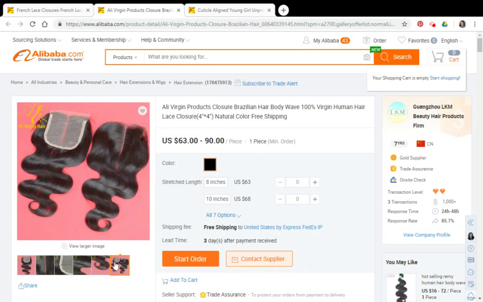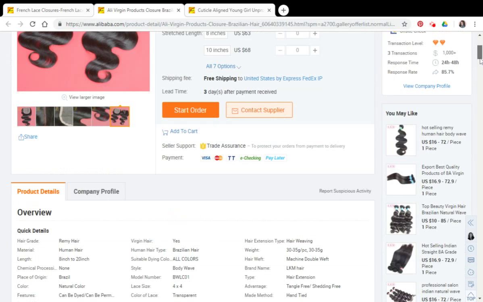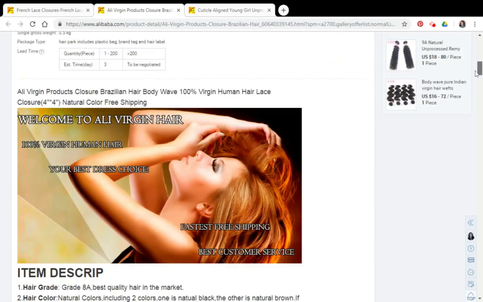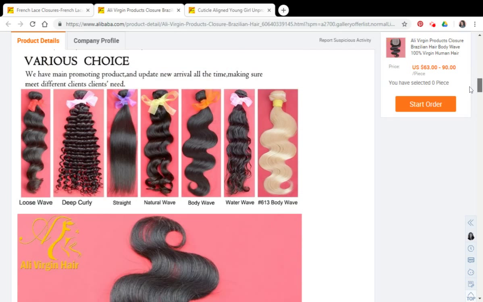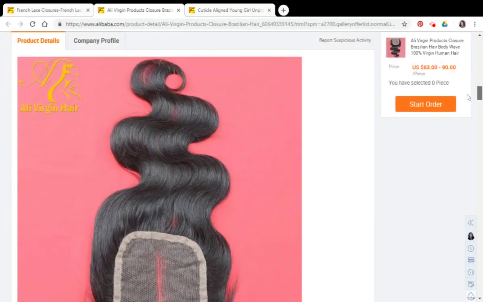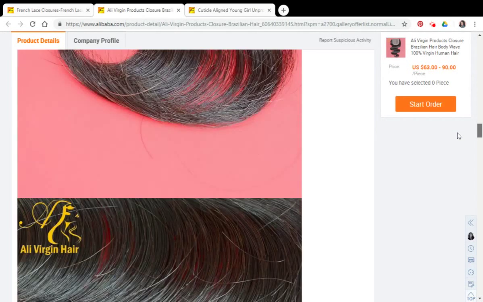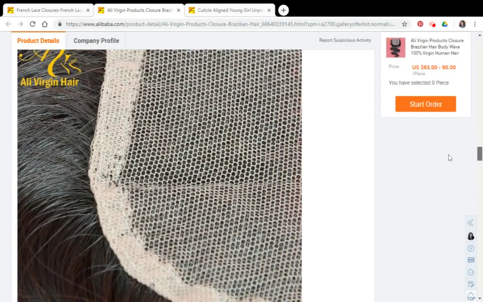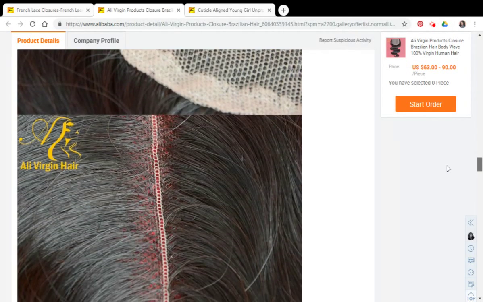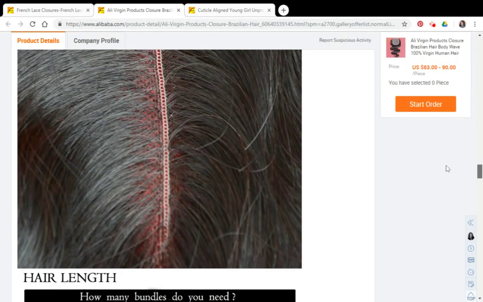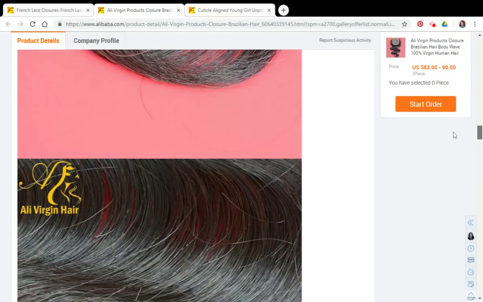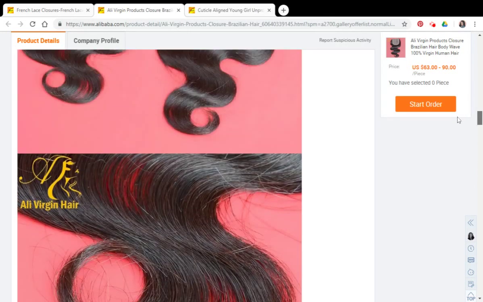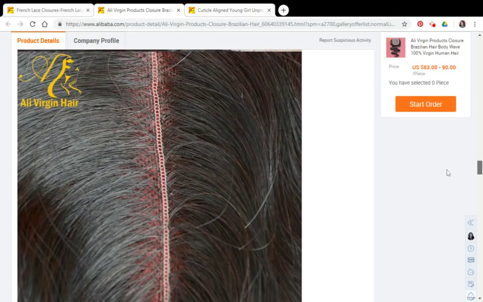All right. This is a closure. They also sell bundled hair. The construction looks decent. And sometimes it's good when they zoom in on the product because you can kind of see the hair there.